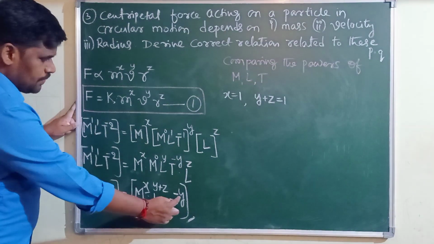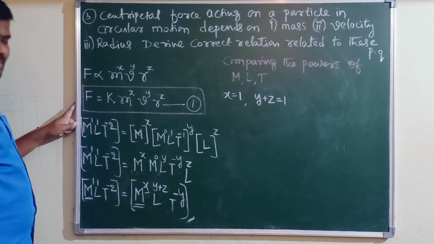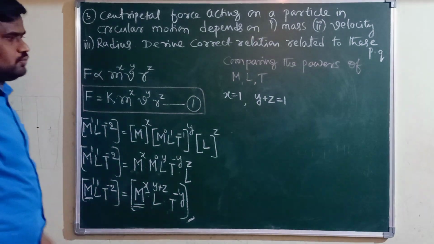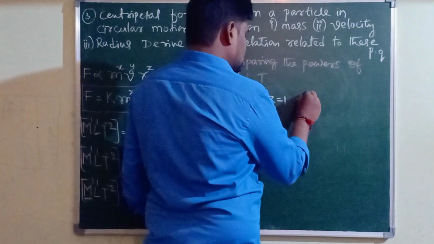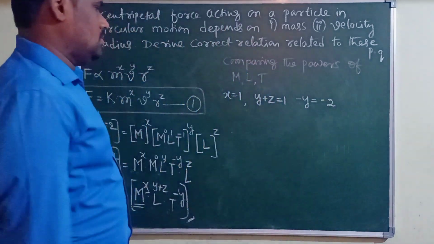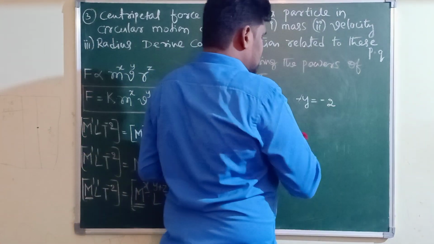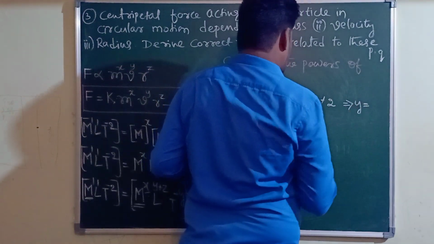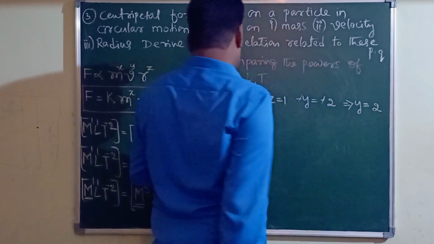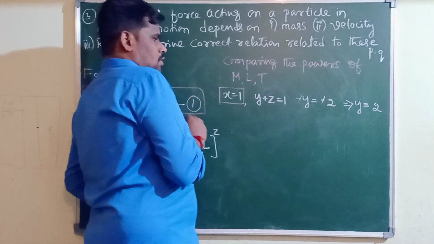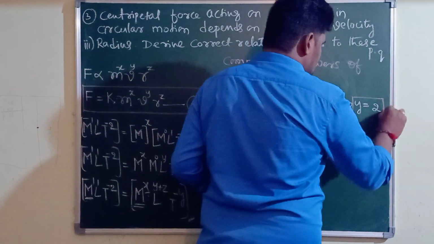Here T power minus y. Here T power minus 2. Therefore, minus y should be equal to minus 2. Minus and minus get cancelled. This implies y equals to what? We got the value of x as 1. We got the value of y as 2.